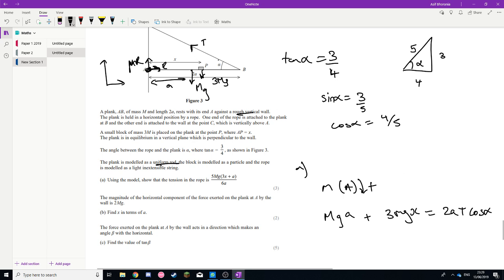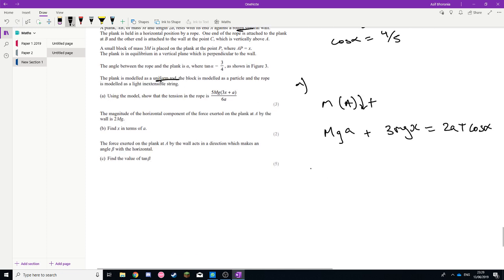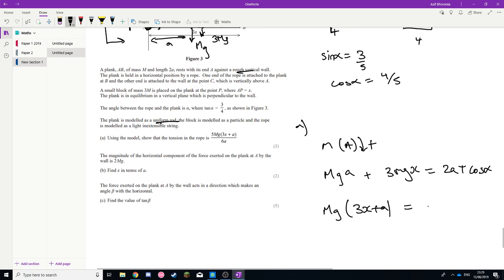Cos alpha, yes. So now I have mg(3x plus a) is equal to 2a times T times cos of alpha, where cos of alpha is 4 over 5.